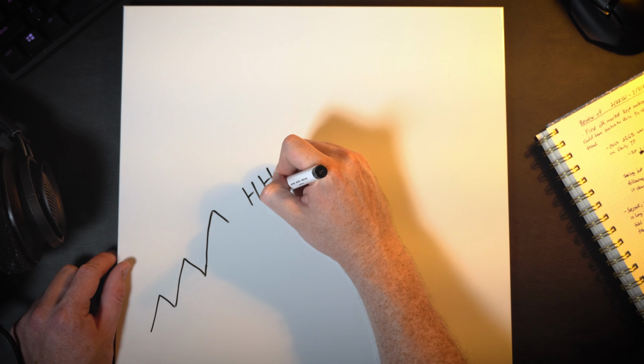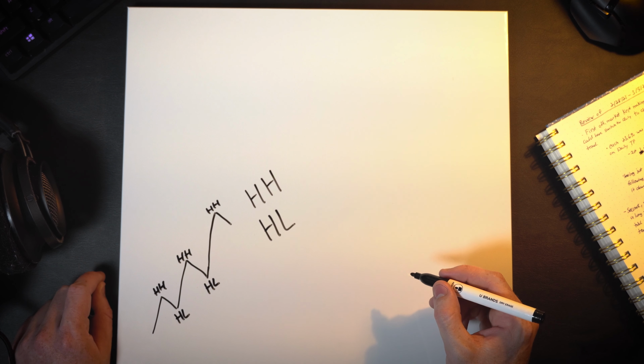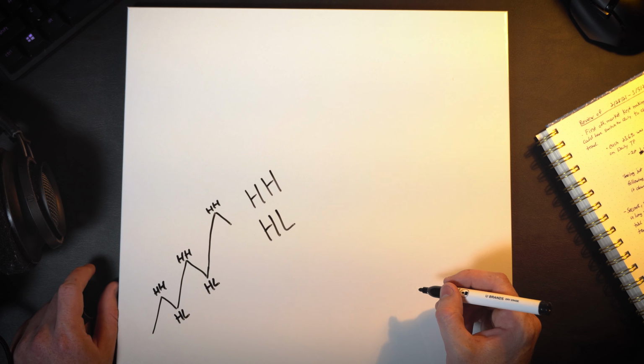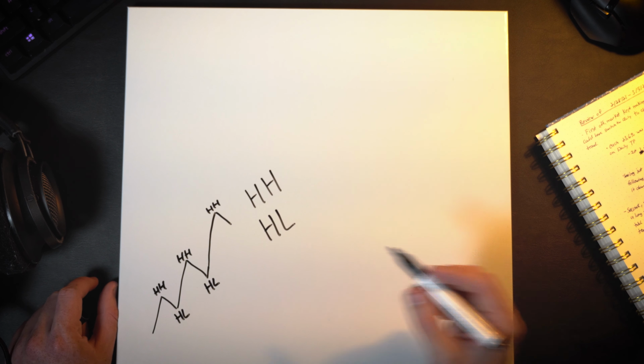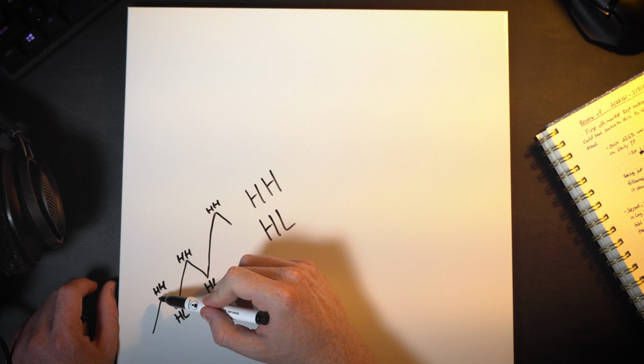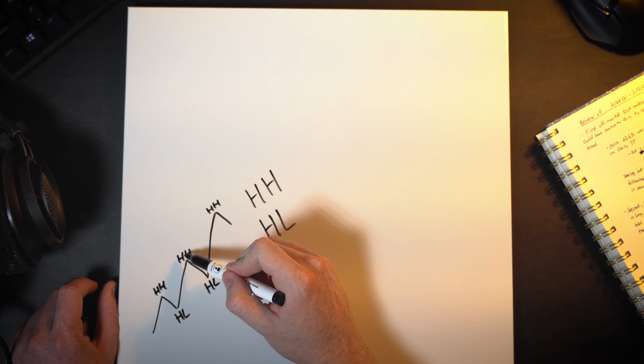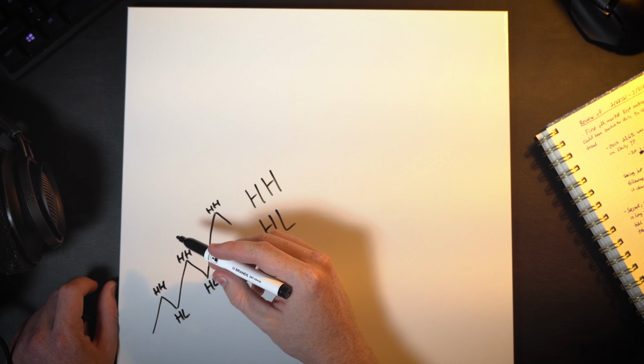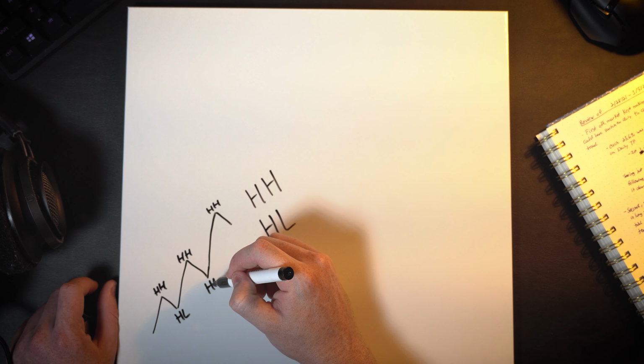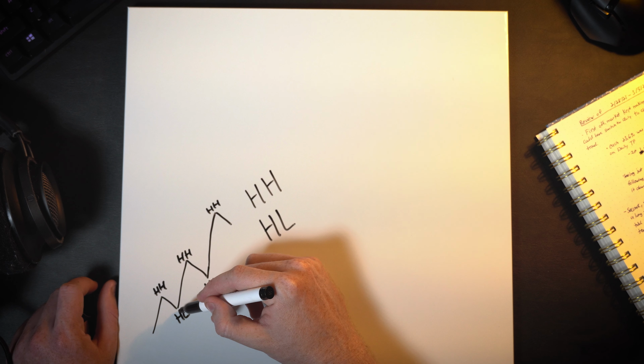So higher low, higher low, higher high, higher high, higher high. For simplicity's sake, this point is higher than this point, that's why this is a higher high. This point is higher than this point, that's the reason why this is a higher high. This point is higher than this previous point, which is a low, right?